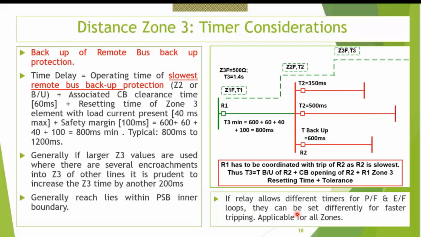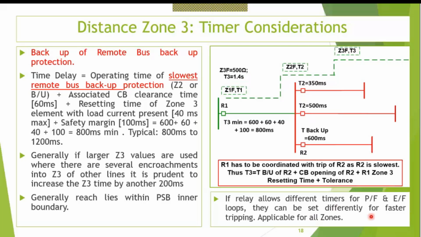There's another point written over here. If the relay allows different timers for phase fault and earth fault loops, they can be set differently for faster tripping. Maybe I want phase fault tripping a bit delayed than the earth fault, and for earth fault I need faster tripping. If it allows, then in zone 3 you can have a different timer, because zone 3 timing is becoming quite high.